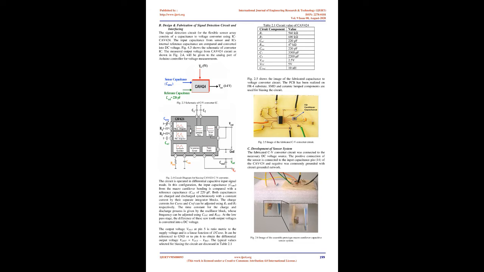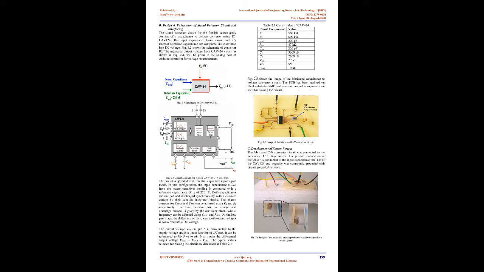The time constant for the charge and discharge process is given by the oscillator block, whose frequency can be adjusted using COSC and ROSC. At the low-pass stage, the difference of these sawtooth output voltages is converted into a DC voltage. The output voltage VOUT at pin 5 is ratiometric to the supply voltage and is a linear function of 1/CSENS. It can be referenced to GND or to pin 6 to obtain the differential output voltage VDIF equals VOUT minus VREF. The typical values selected for biasing the circuit are discussed in Table 2.1.